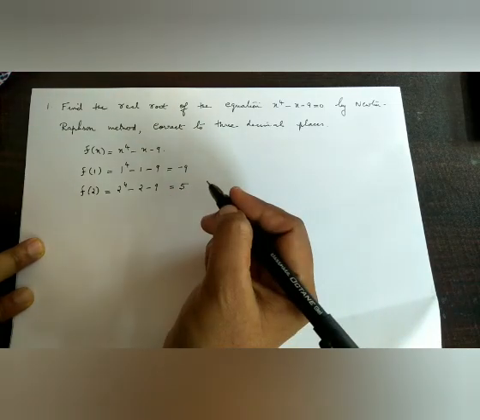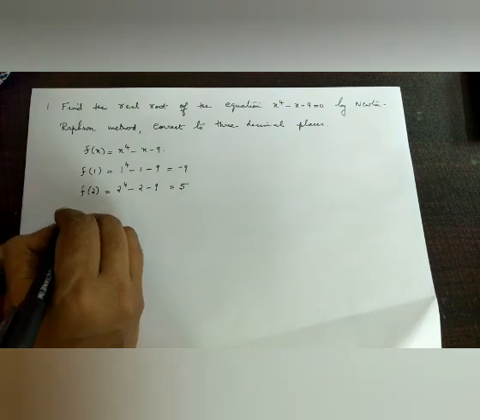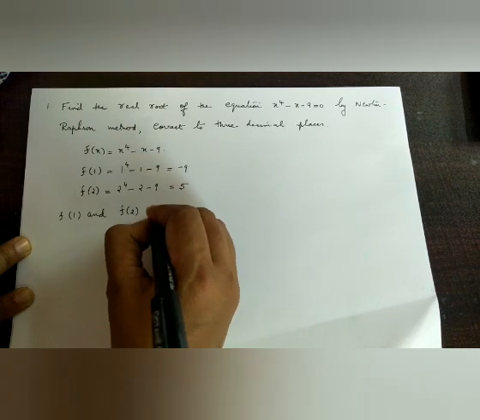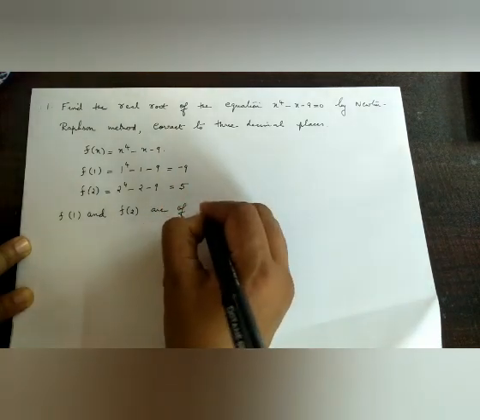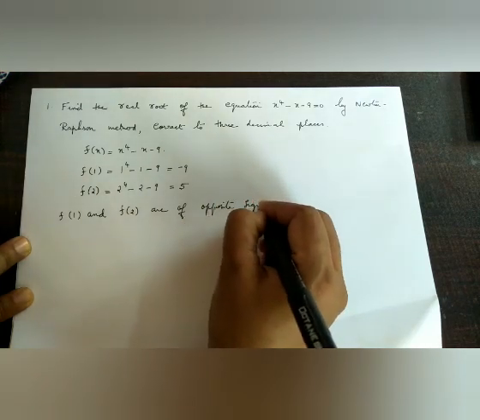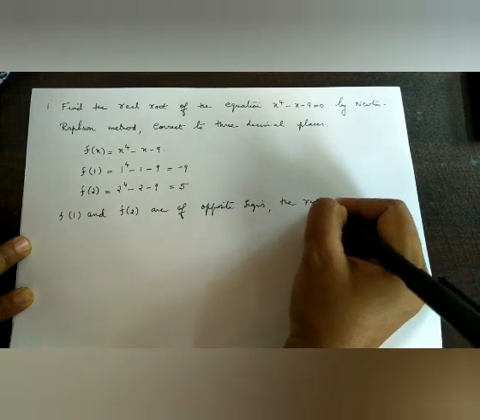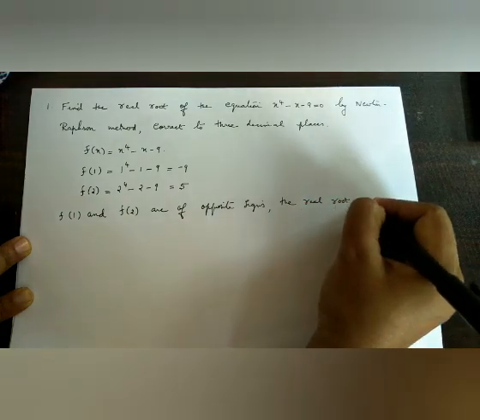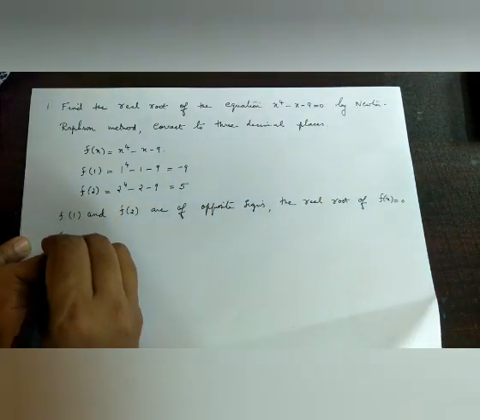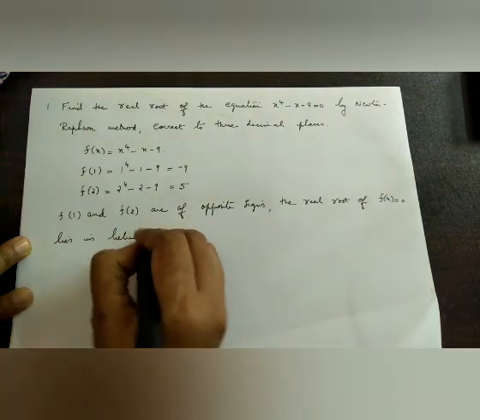Here we can use the calculator. Now here we can see that f(1) and f(2) are of opposite sign. The real root of f(x) = 0 thus lies in between 1 and 2.